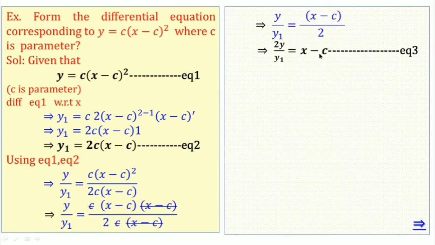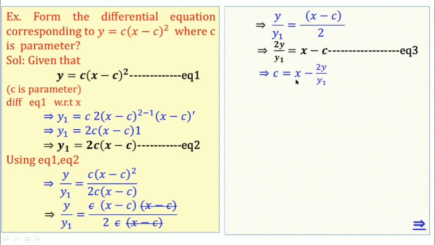Now we cross multiply, or we bring this 2 to this side: 2y by y1 is equal to x minus c. We are taking this equation as the third equation. Now we bring c to this side and 2y by y1 to the other side, exchanging the c and 2y by y1 terms.